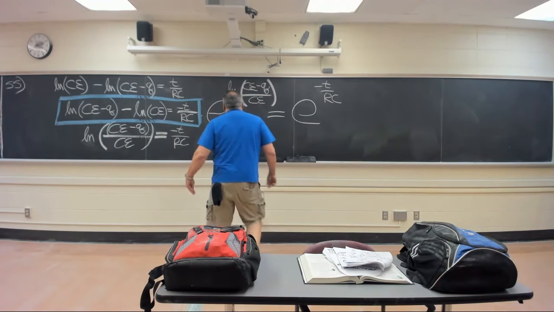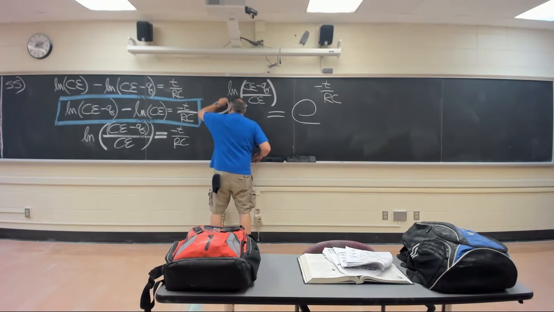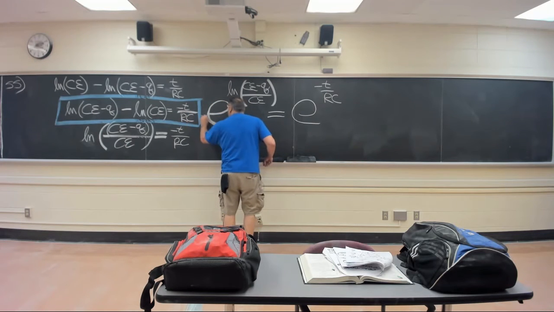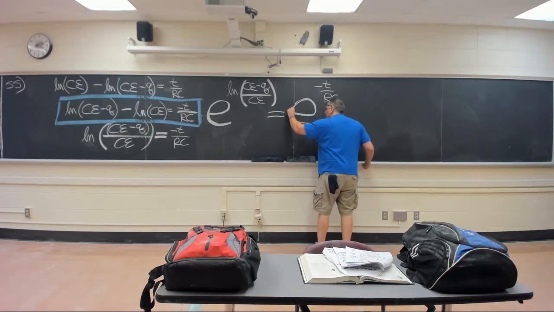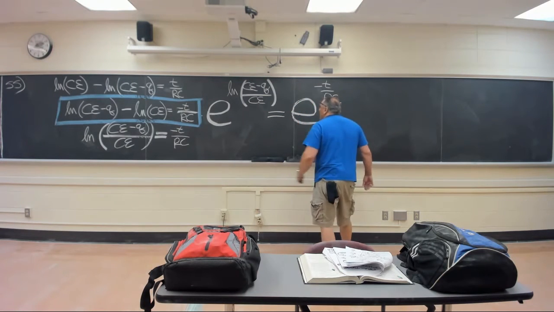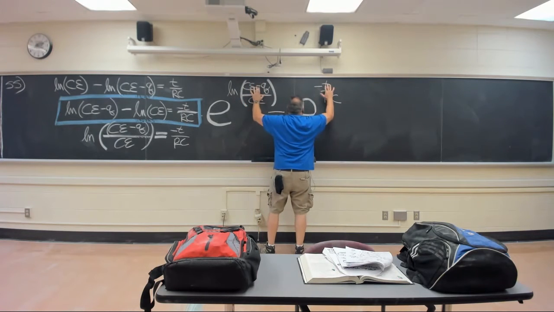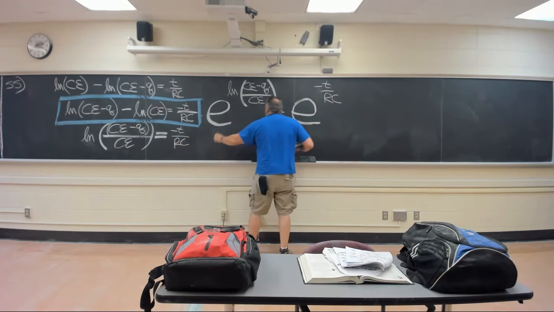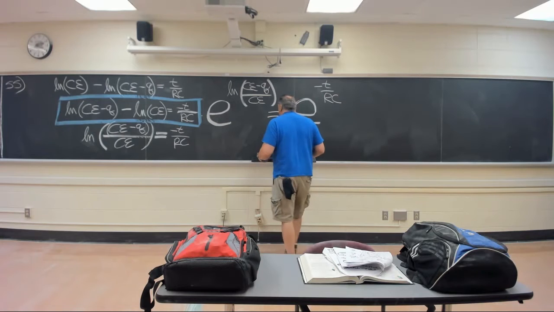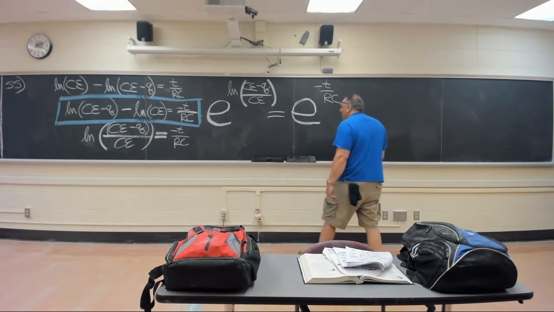If you exponentiate each side, if this and this are equal, and we said that they are, then each of them on top of e means that whatever happens, they're still both equal.